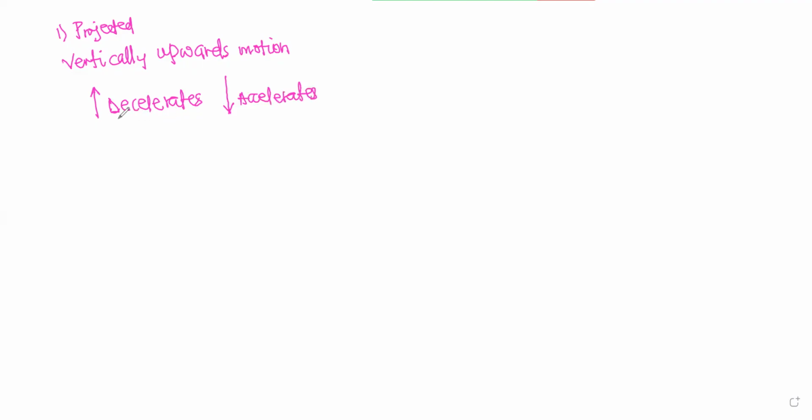So if it is going up, it must decelerate. Then will its starting velocity be maximum or minimum? Maximum. It must be maximum, so that by the time it gets to the maximum height, the final velocity would be 0, isn't it?